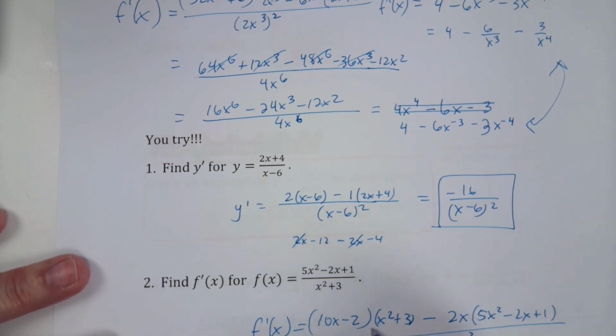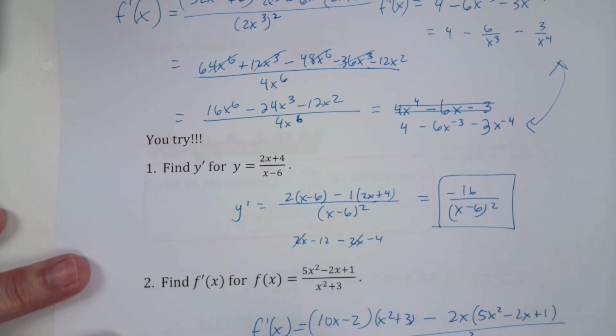So this guy up top here is going to be 10x to the third plus 30x minus 2x squared minus 6, minus 10x to the third plus, because minus and minus, 4x squared, and then minus 2x. Okay, all over the bottom.